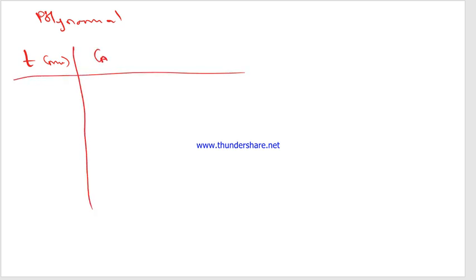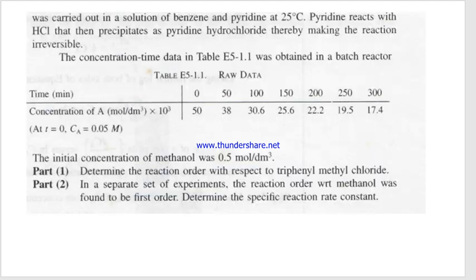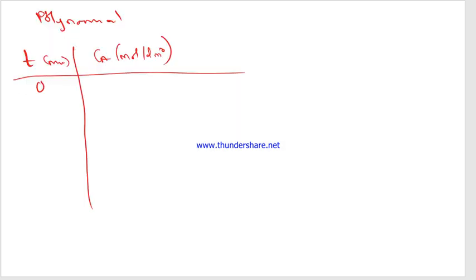So this is how polynomial method works. We have all our data. What are the data? We have t in minutes, and we have our Ca given in mole per dm cube. So let's put all of them together. Time is 0, 50, 100, 150, 200, 250, and 300.